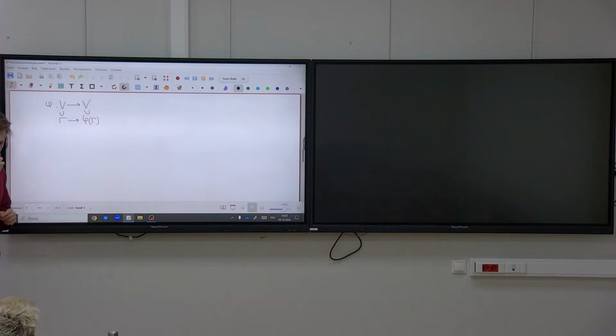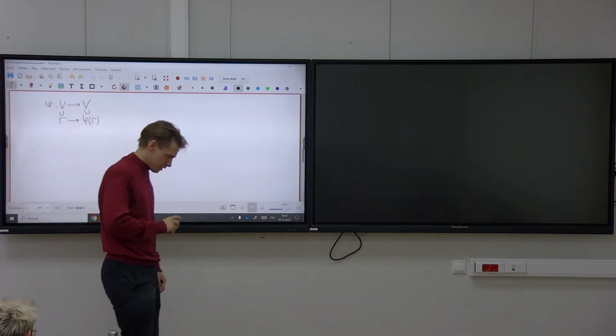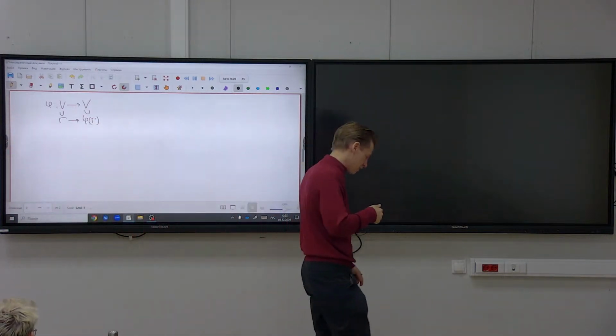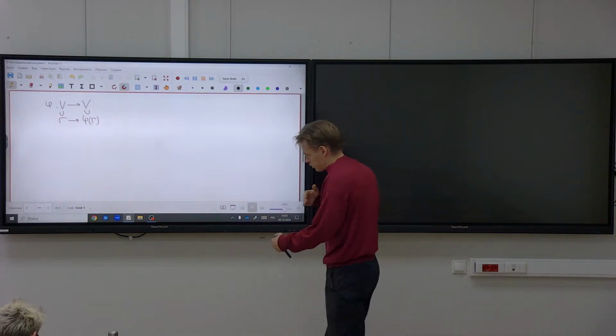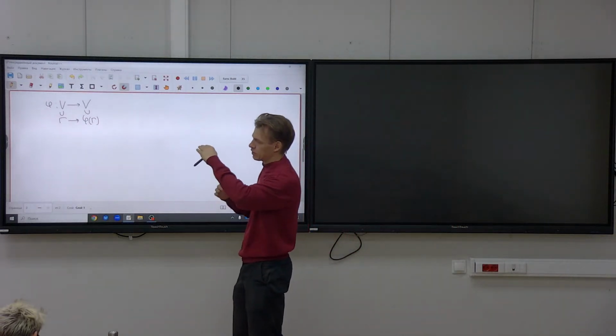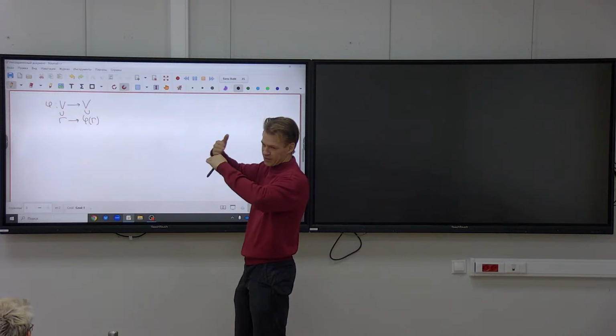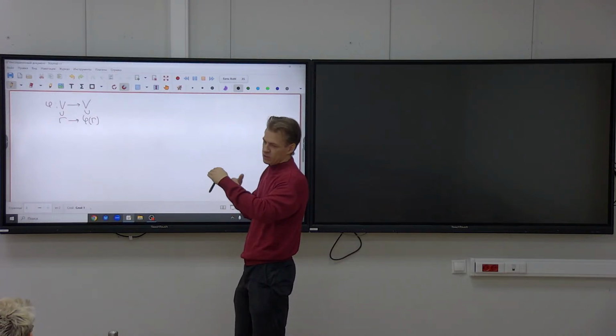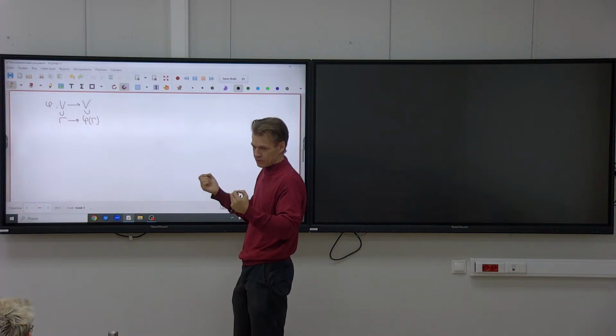So you are allowed to change the rows, which will introduce a plus minus 1 sign, and you are allowed to take a row and subtract another row with a coefficient, but you are not allowed to multiply the row by a coefficient.